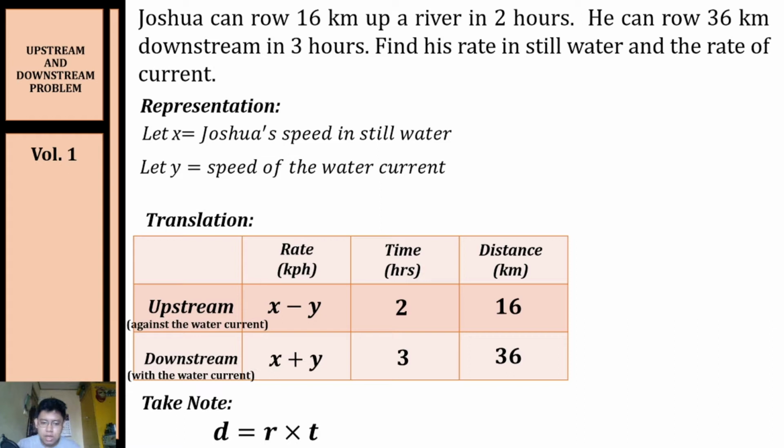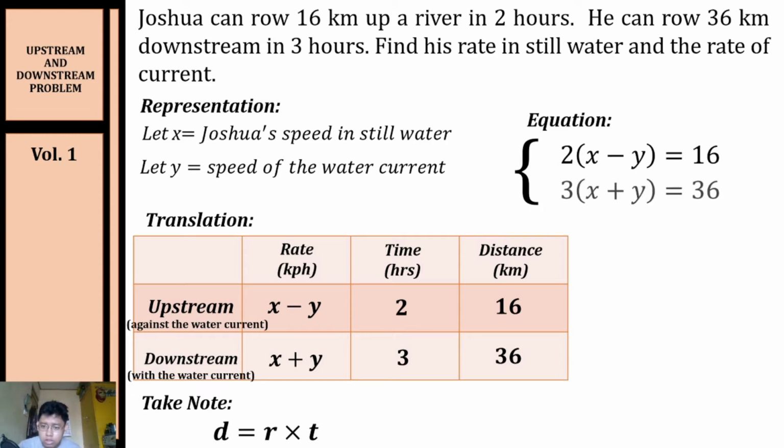So we get the distance formula for upstream and for downstream. For upstream, we have 2 times our rate, x minus y, equal to 16. And for downstream, we will have 3 times the quantity x plus y equal to 36.